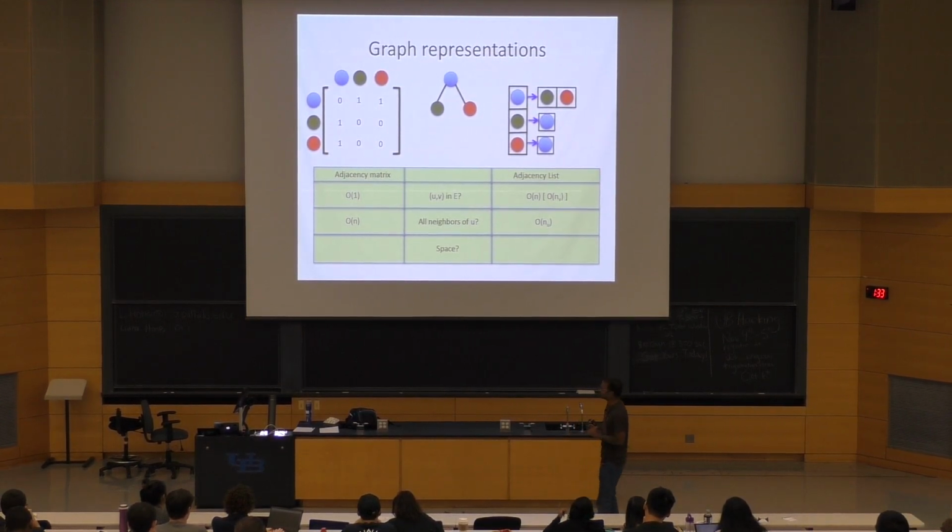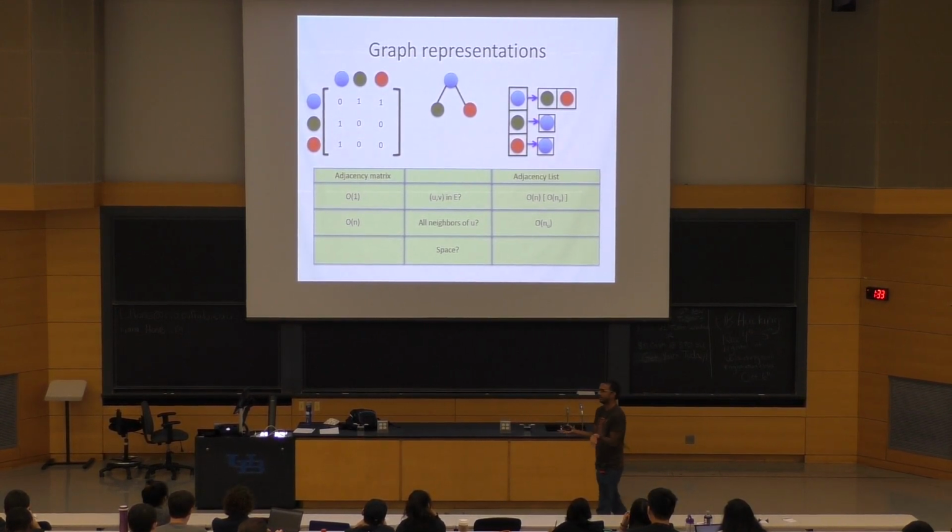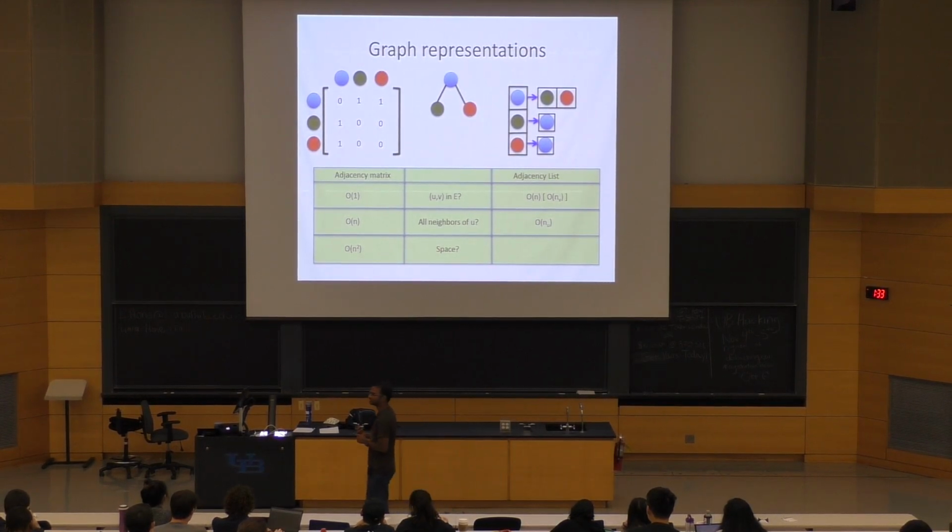So how much space would the adjacency matrix require? How many entries do you need? Yeah, so as Steven just said, it's n squared, right? There are n squared entries in the matrix. Okay, good. Any guesses for space for the adjacency list?